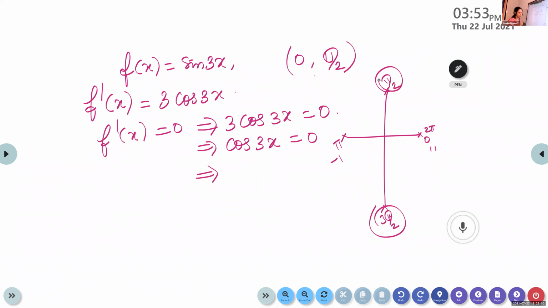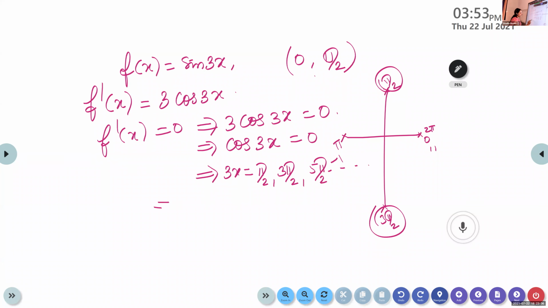Cos will become 0. So cos 3x is 0 means 3x may be taking the values pi by 2, 3 pi by 2, 5 pi by 2, and so on. It takes many values. Not only pi by 2, all the odd multiples of pi by 2, pi by 2, 3 pi by 2, 5 pi by 2, everything will become 0.